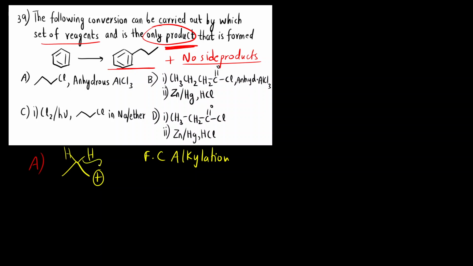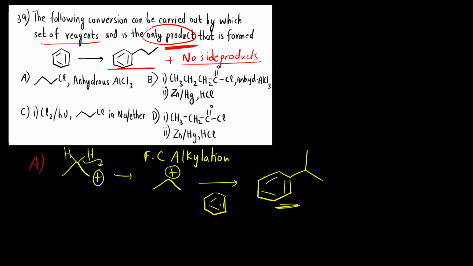So what we can do? We can do 1,2 hydride shift. We will get a secondary carbocation. So this is going to react with what? This is going to react with benzene. And the major product here will be what? It will be isopropyl benzene. This is going to be the major product. Okay, this will attack this carbocation.